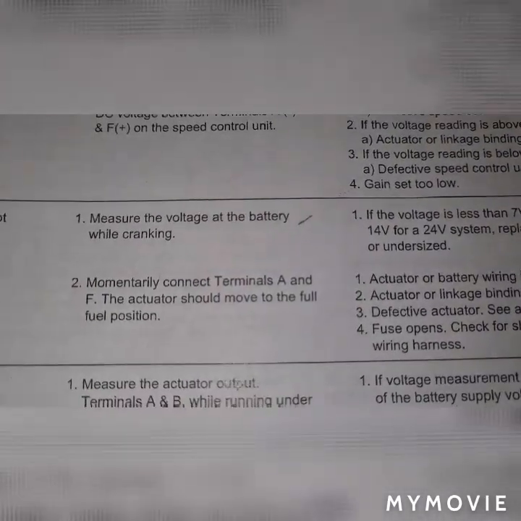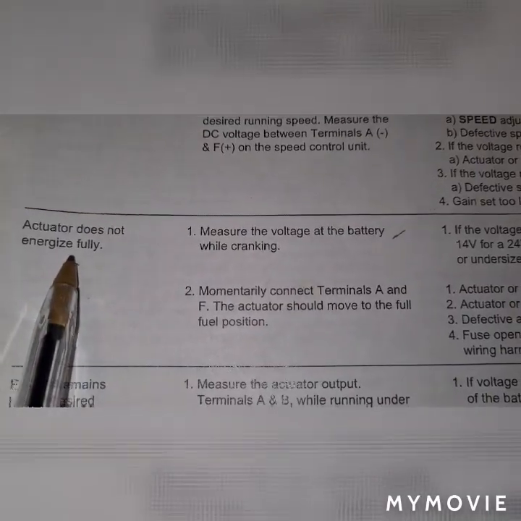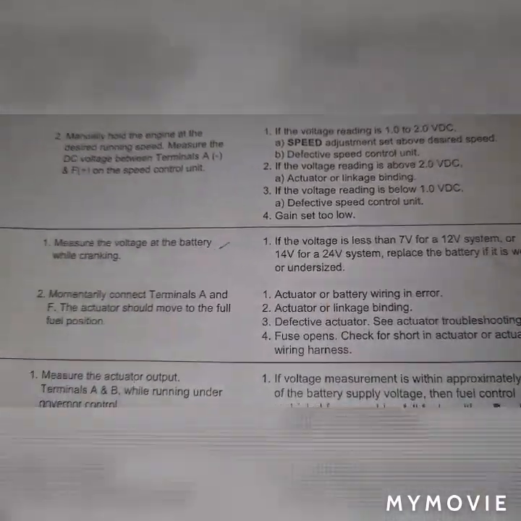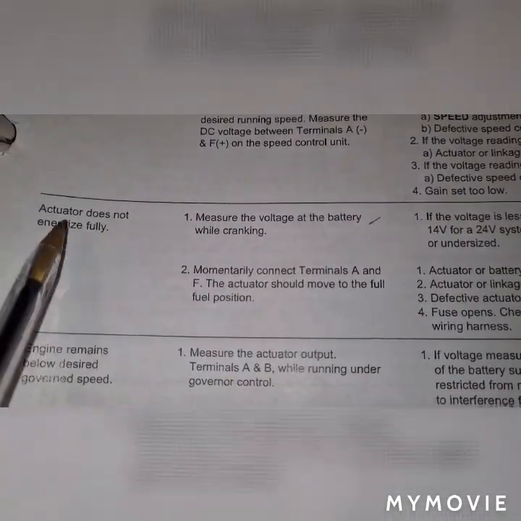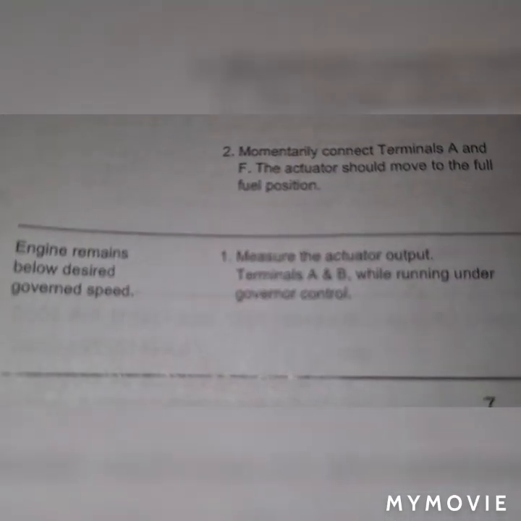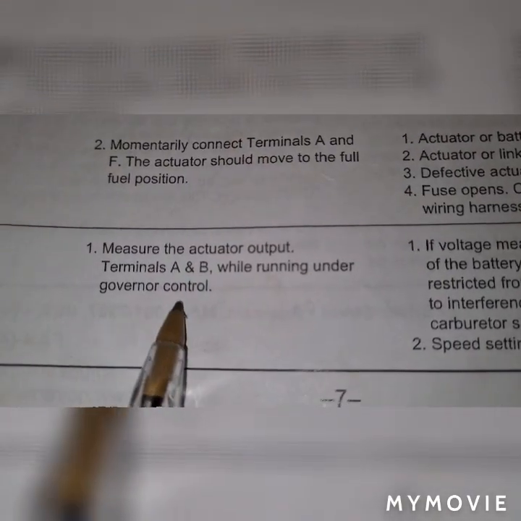So, actuator not energized fully. When I was on board, I encountered our generator not running at all. It would start but not run continuously, and we found the cable going to our actuator was cut. Engine remains below desired governor speed. Measure the actuator output terminals A and B while running under governor control.